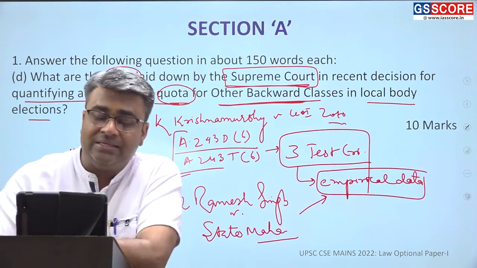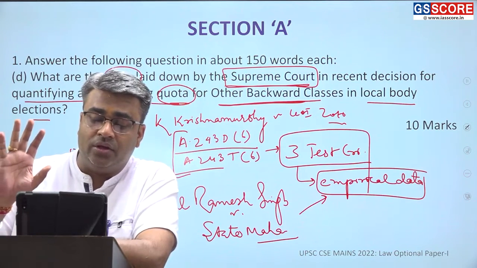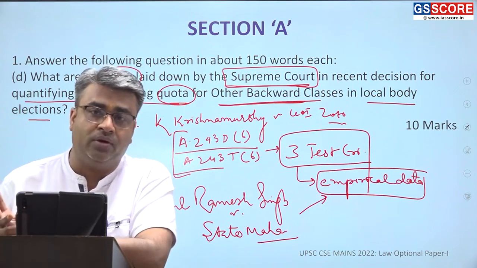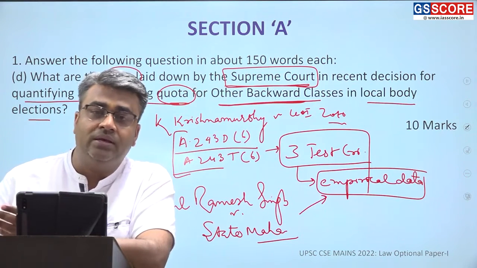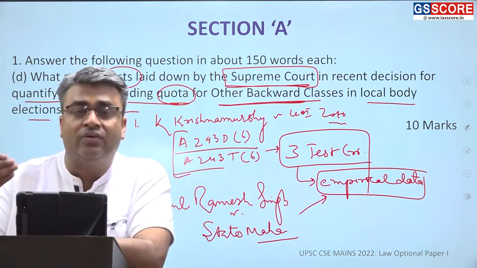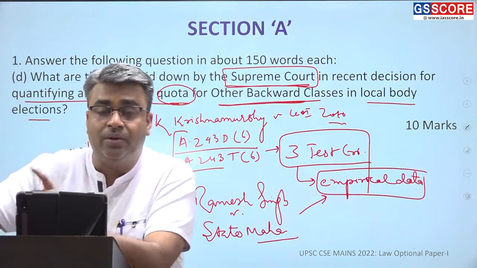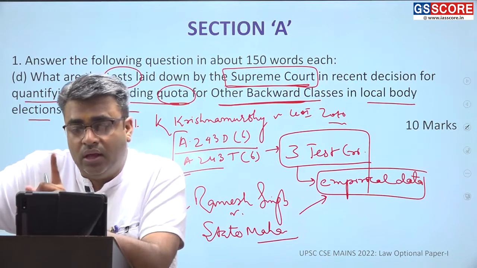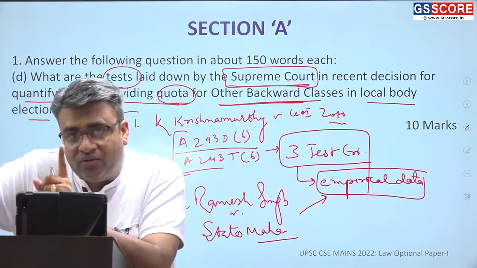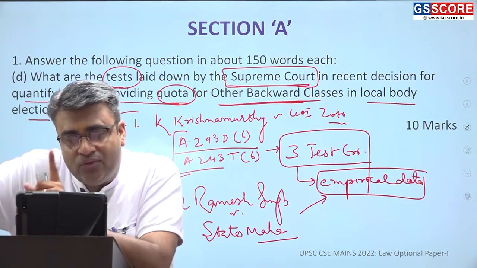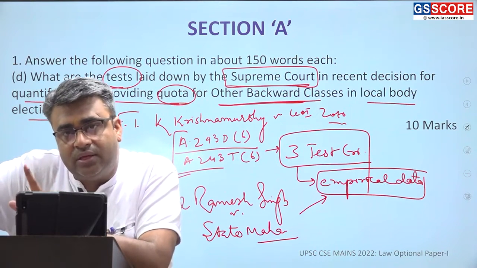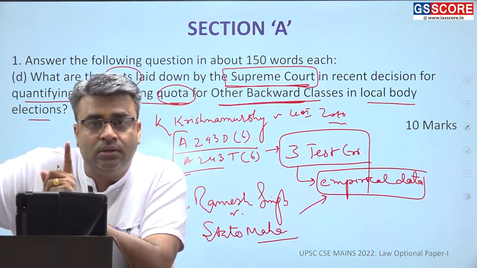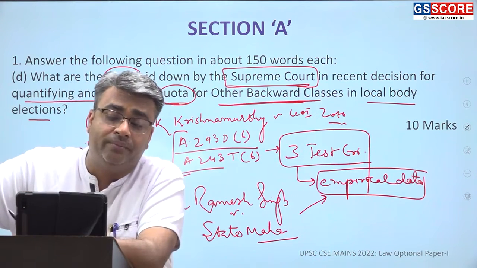Because Supreme Court has clearly said that reservation is obviously permissible due to the lack of representation, but before applying this reservation, the state government has to completely fulfill this criteria, otherwise this reservation will become void.